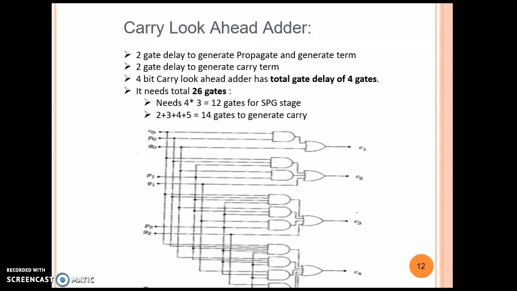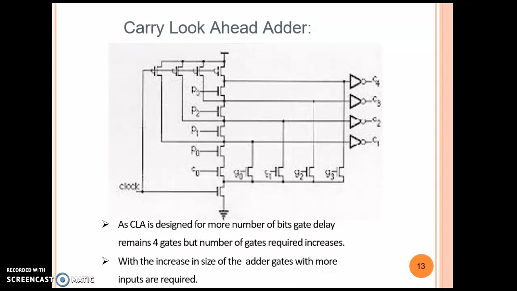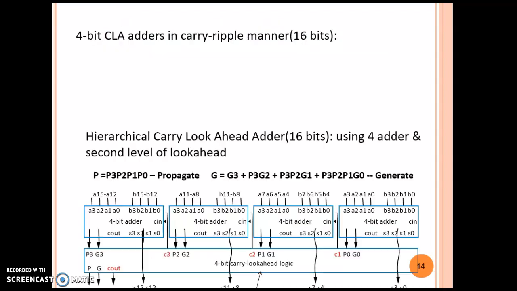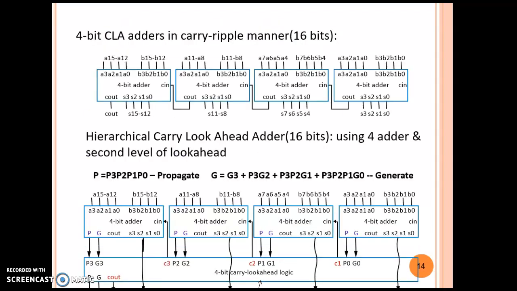And if the number of inputs increases, then the number of transistors increases and the delays increase. So we have to go for a wider range of adders. Next we have to see, if you want to form a higher bit adder, how we can proceed.